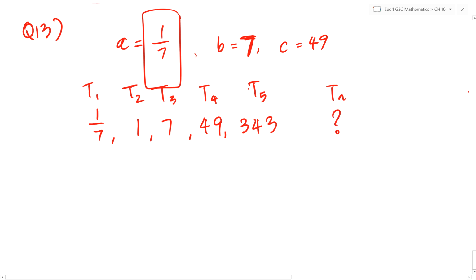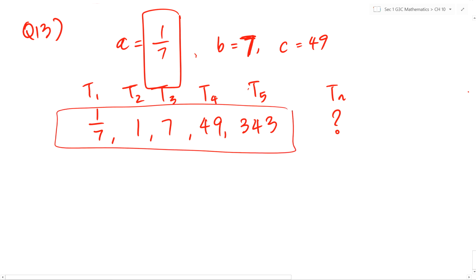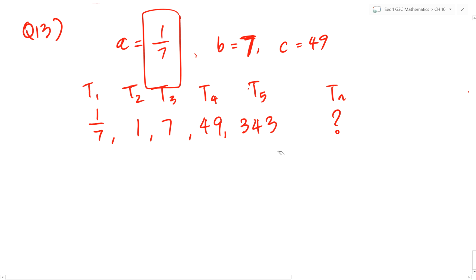What is the pattern over here? Are these numbers familiar? Quite familiar, right? How will you rewrite 49? 7 times 7. In other words, 7 squared. How will you rewrite 343? 7 cubed.